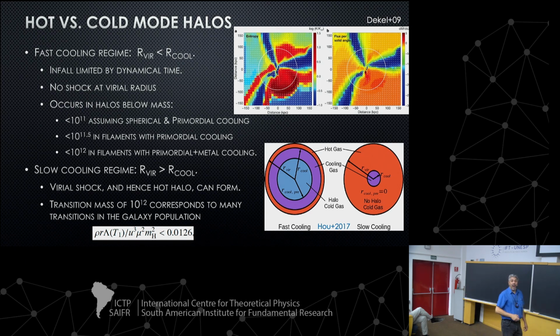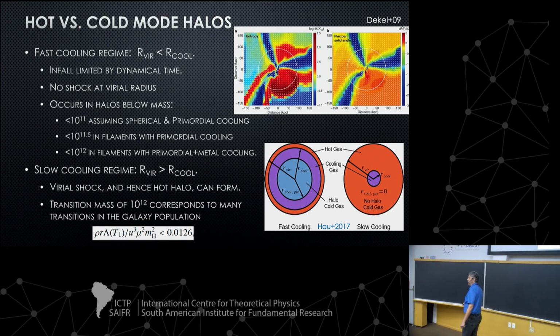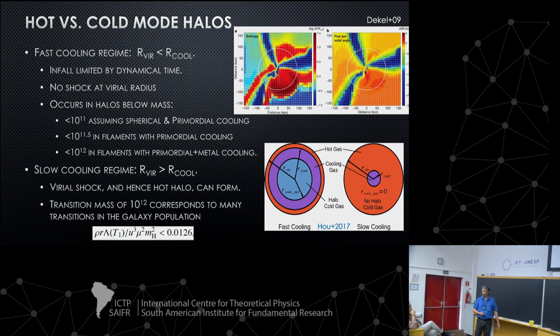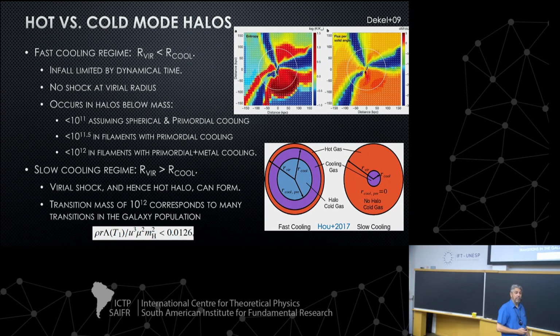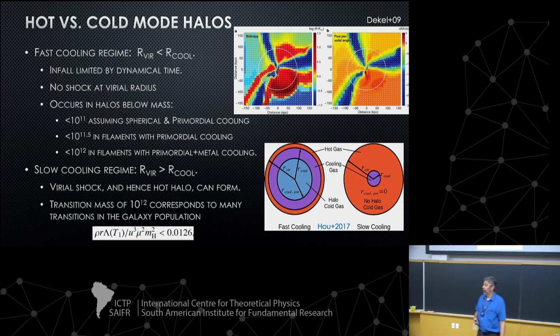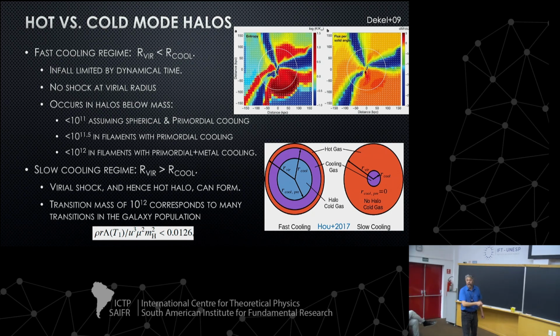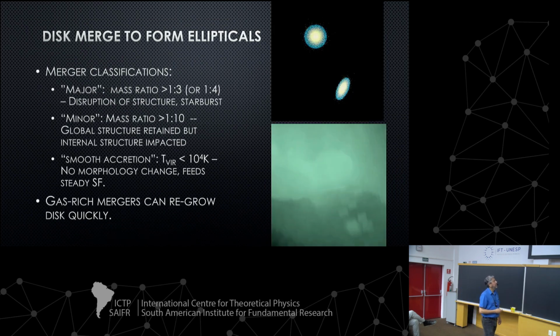That transition is right around 10 to the 12 in halo mass. Now that is a very special number, as we will see. It happens to be the halo mass of the Milky Way, but we're also going to see a lot of different things happen at that mass scale. And a lot of it happens because of the difference between the way things work in cold mode halos versus the way things work in hot mode halos.